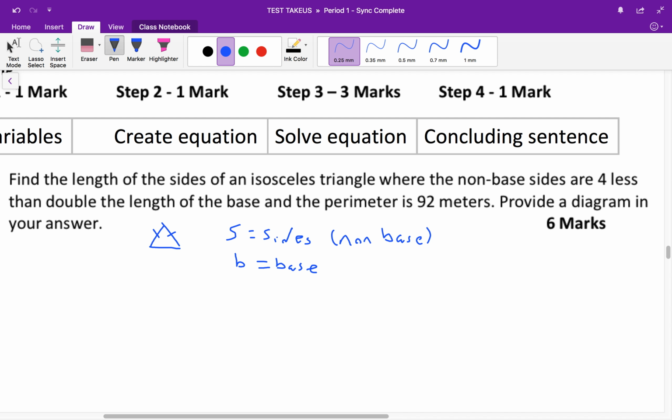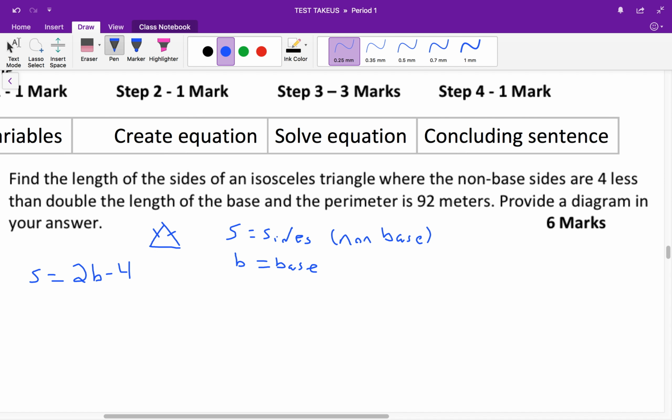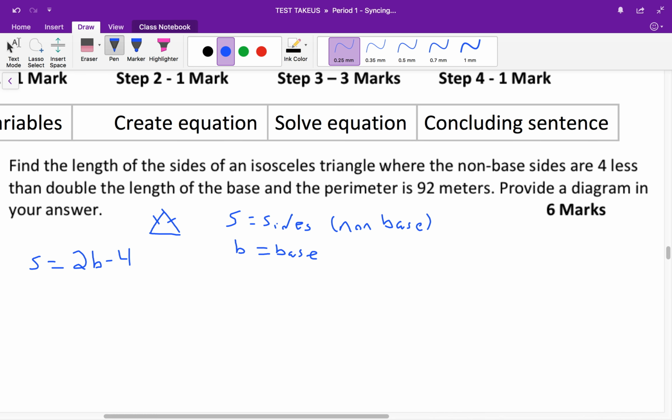So we've already named the variables. Now let's go into creating our equation. The non-base sides are 4 less than double. So let's make S equal 4 less than double. So let's double it first. Let's double the base. And we'll minus off 4. So it's 4 less than double. Right? And we know the perimeter is 92.